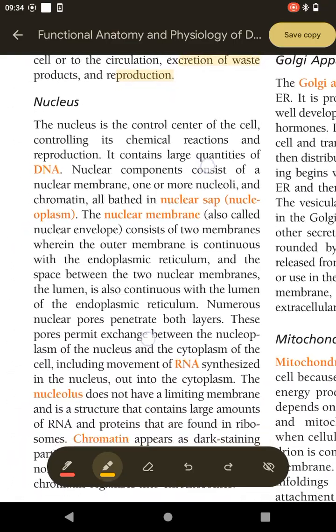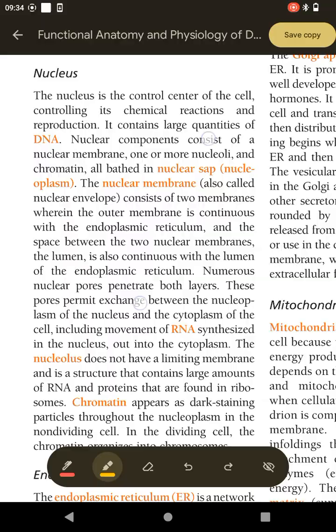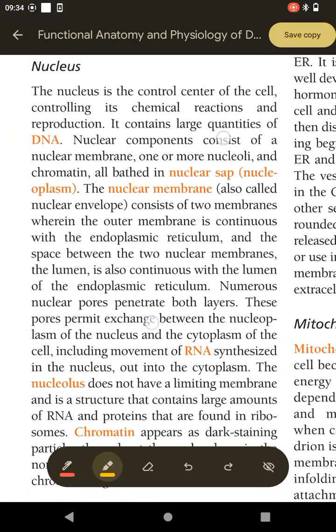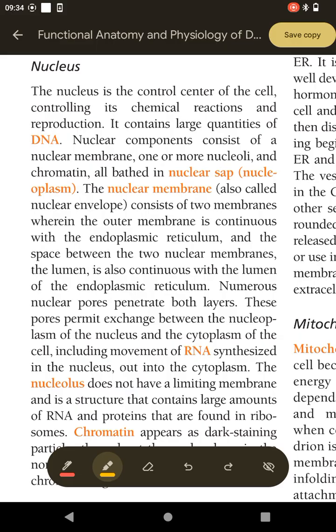The first organelle is the nucleus. The nucleus is the control center of the cell, controlling its chemical reactions and reproduction.